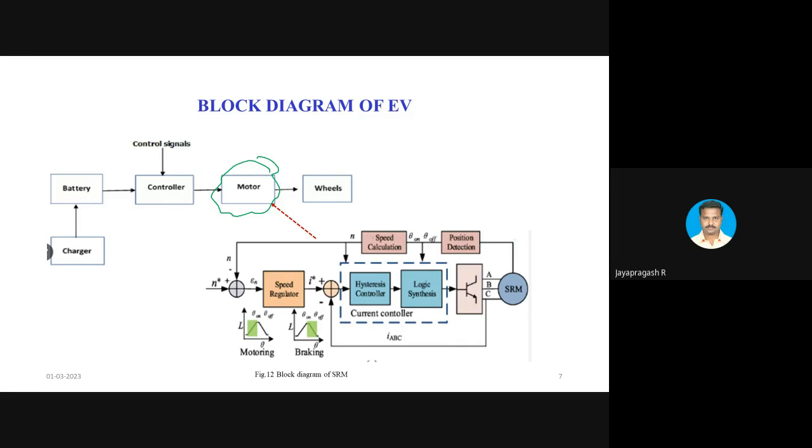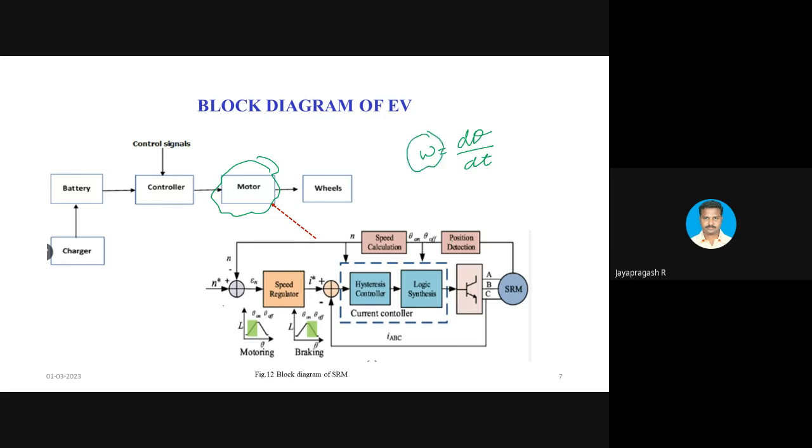Accordingly, we excite the phase winding. So this motor can be operated only in closed loop. Rotor position can be converted into speed because omega is equal to d theta by dt. Either you can use a speed sensor or a position sensor. Once you know the position information, d theta by dt will give you the speed information.